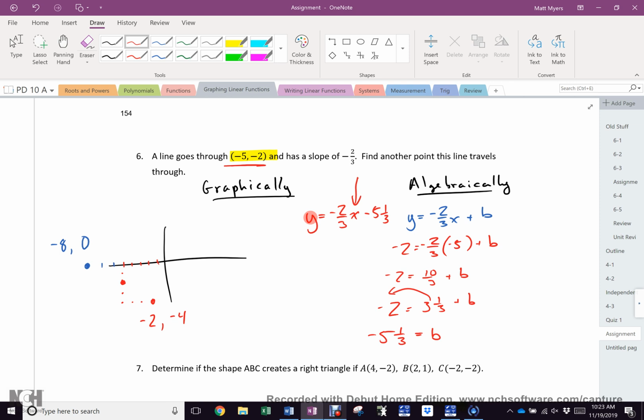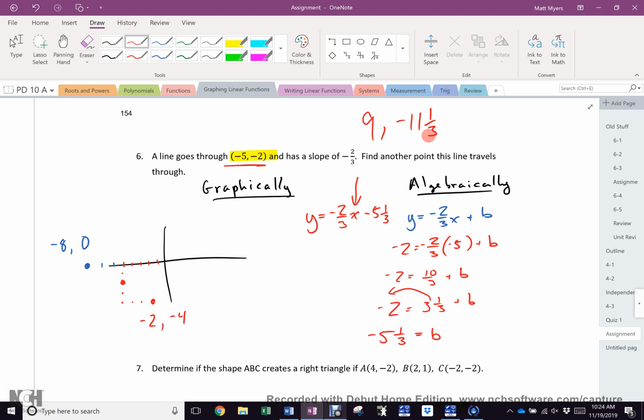For example, if x were 9, then 9 times negative 2/3 is negative 6. Negative 6 minus 5 1/3 is negative 11 1/3. If x were 27, it would be negative 18 minus 5 1/3, negative 23 1/3.